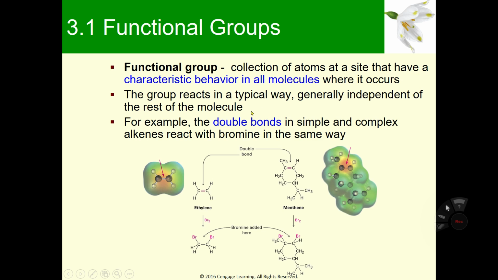For example, double bonds in ethylene will have very similar properties as the double bonds in other kind of organic molecules also. This is ethylene, this is methane, but both of these double bonds, regardless of other functional groups, will undergo similar kind of organic reactions. In this case, both of the double bonds in these two compounds undergo the addition reactions by bromine.